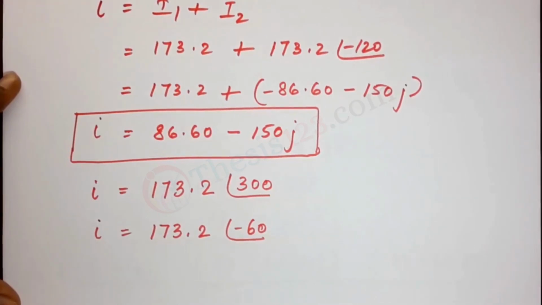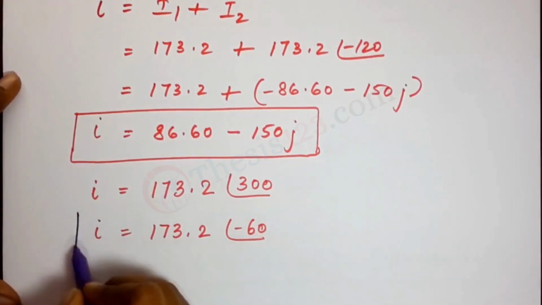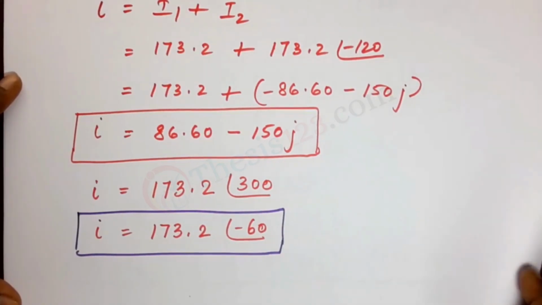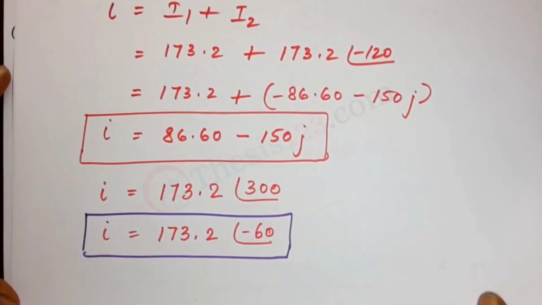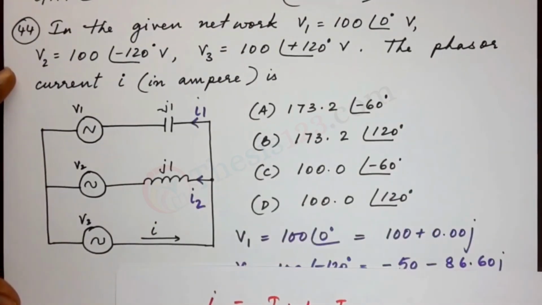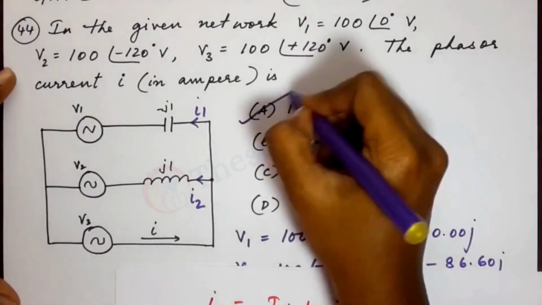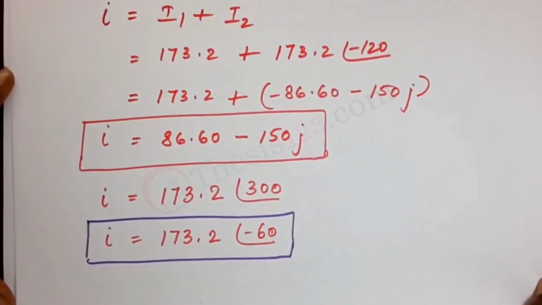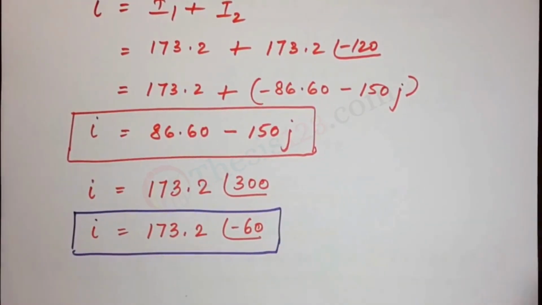So this is our final value for I: 173.2 angle minus 60. And this matches option A. So option A is the right answer. This is the entire solution and I hope it has helped.